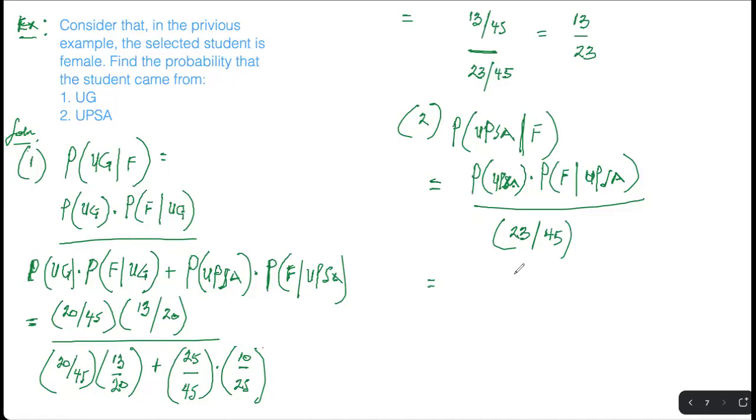That just becomes 25 on 45, multiplying 10 on 25. All of this over 23 on 45.